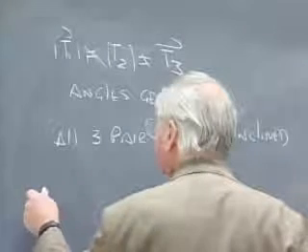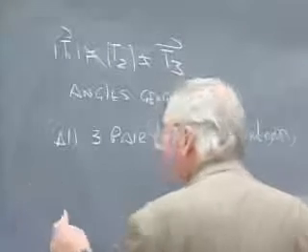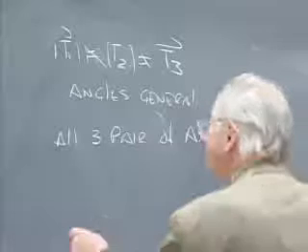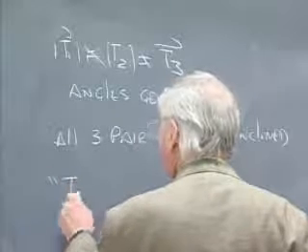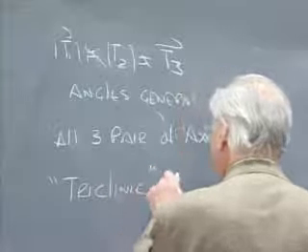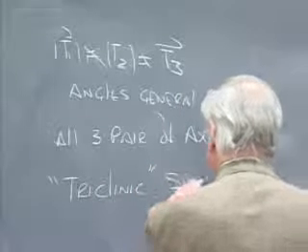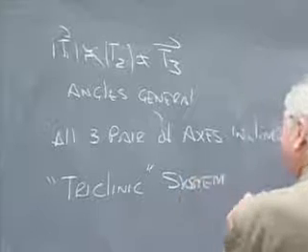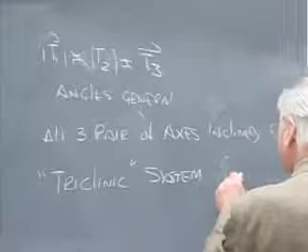And this coordinate system, if we want to refer to it in terms of words, is called a triclinic. This is the triclinic system. And the triclinic system is short for coordinate system.